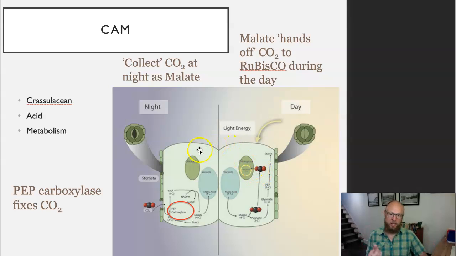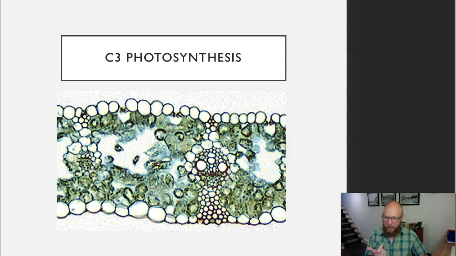By opening stomates at nighttime, relative humidity goes up, and the cooler temperatures minimize how much transpiration occurs in a CAM plant. Then again, it can still harness the energy from the sun during the daytime. I don't have a nice diagram or anatomy of CAM plants because they're all different.